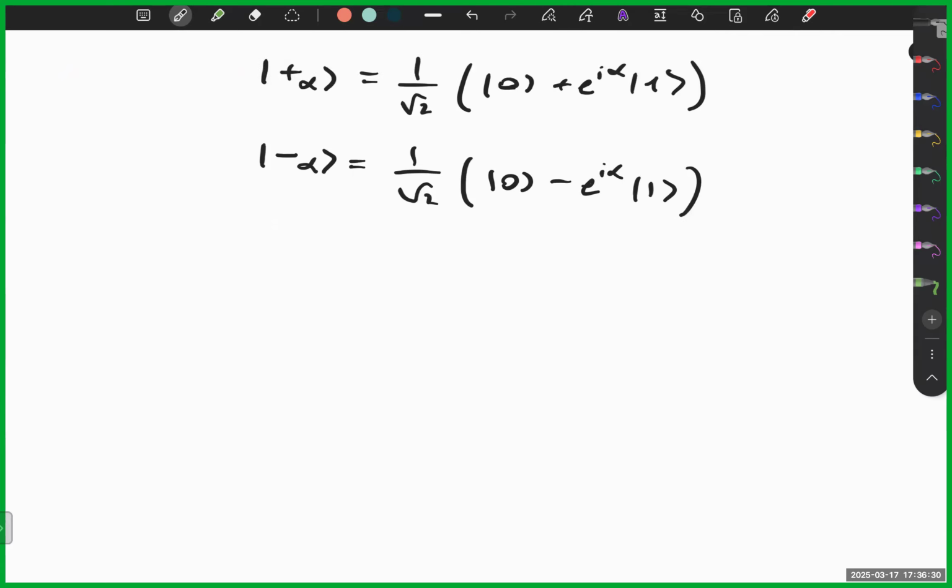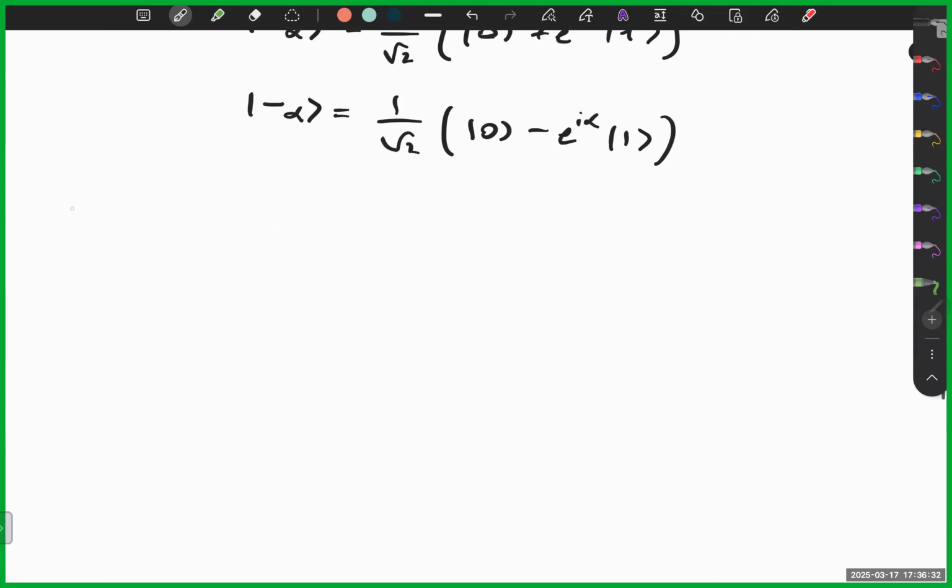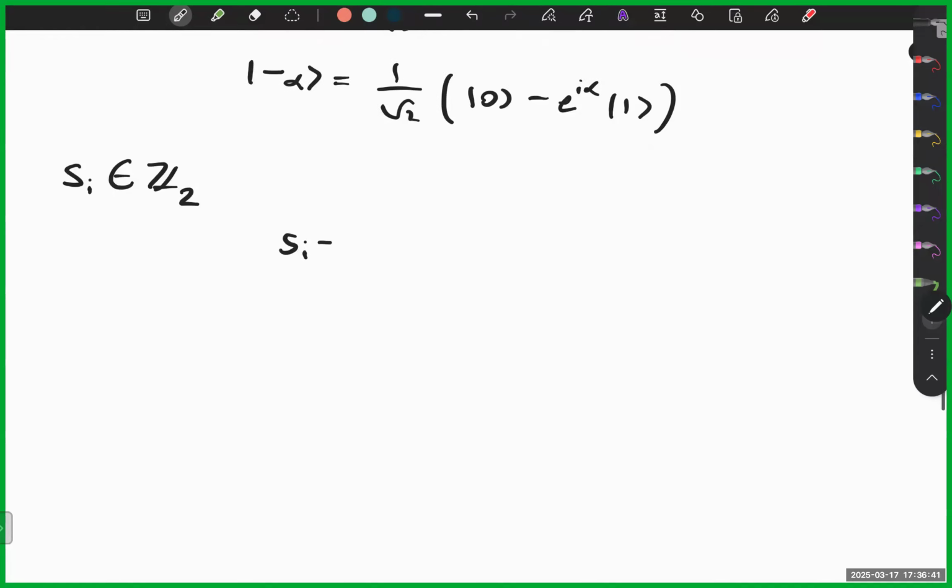We denote the outcome of the measurement by s_i, which is an element of Z mod 2. If s_i is equal to 0, then we collapsed the ith qubit onto the plus alpha state. If it is 1, it collapsed onto the minus alpha state.